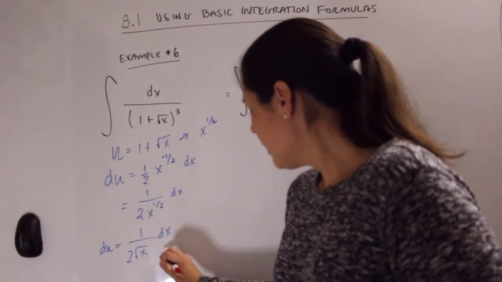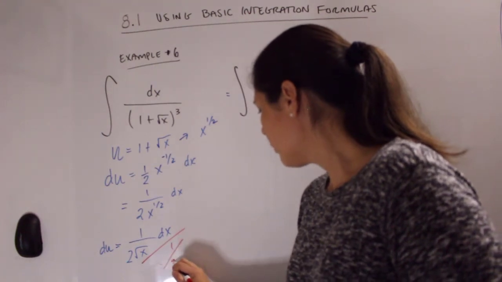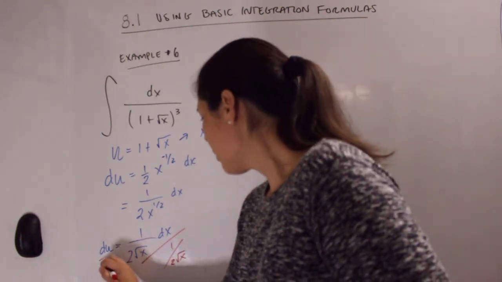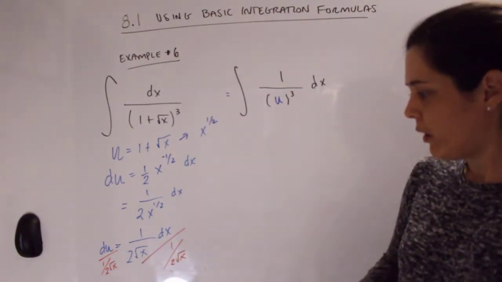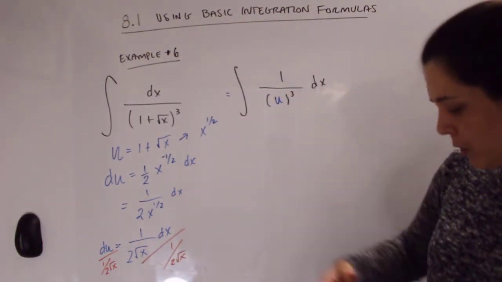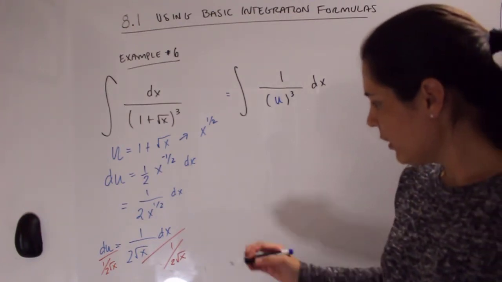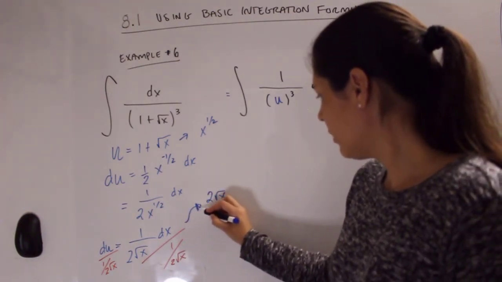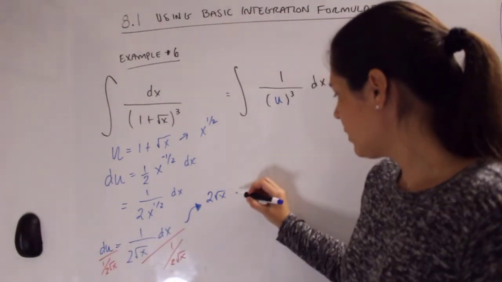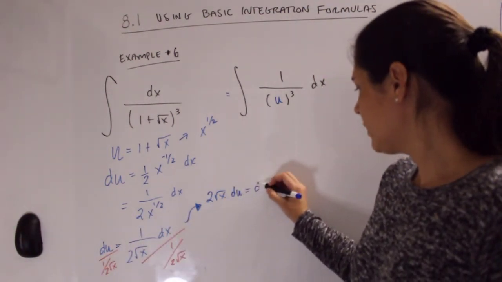So I'm going to divide by 1 over 2 square root x on both sides of this equation. And then if you're dividing by a fraction, flip it and multiply, and you end up with 2 square root x, so right over here, 2 square root x times du is dx.